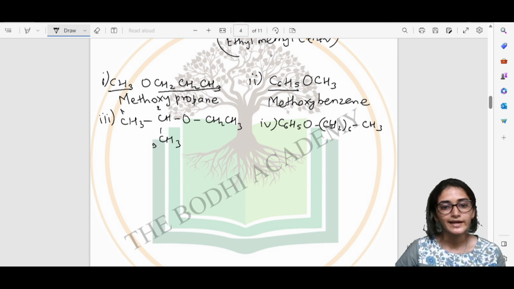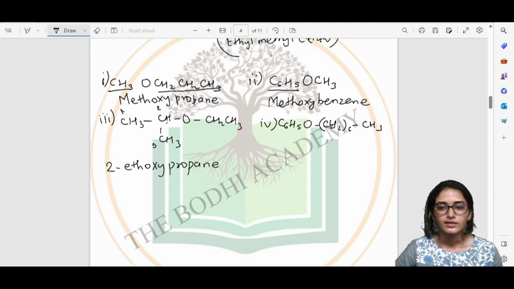So to this second carbon this group is attached, which is an ethoxy group. The name will be 2-ethoxypropane. Okay, the name will be 2-ethoxypropane since this ethoxy group is attached to the second carbon here, because we consider this as the main chain, no? So that's how we have to number the chain.